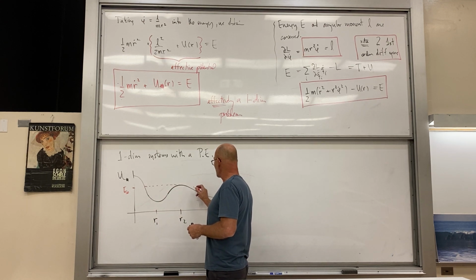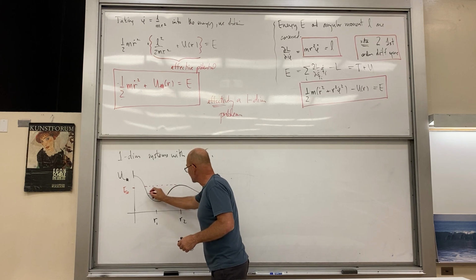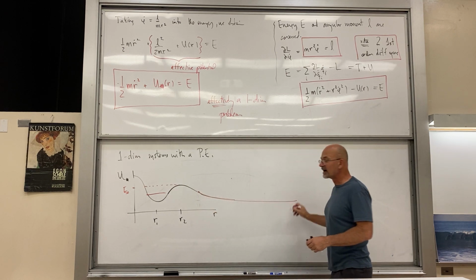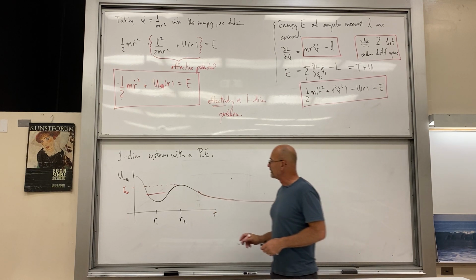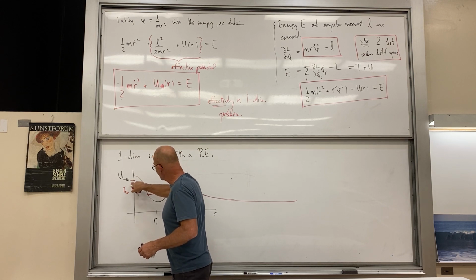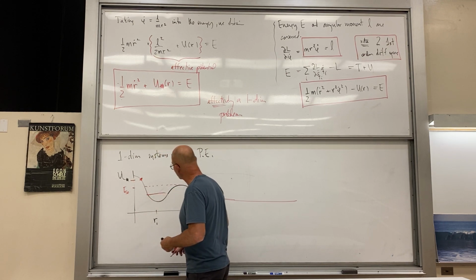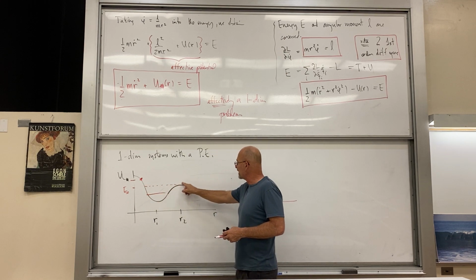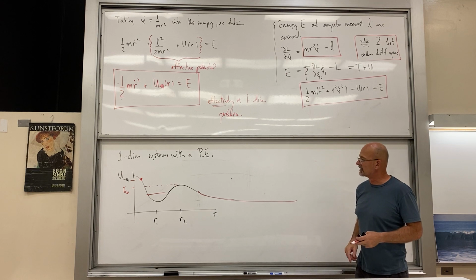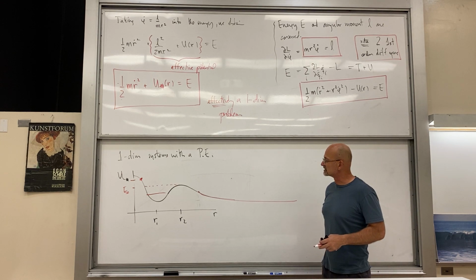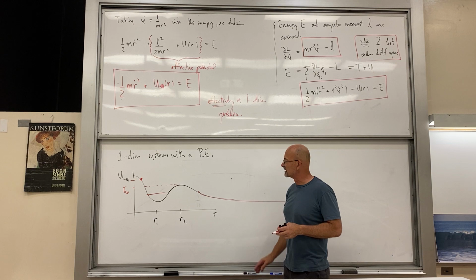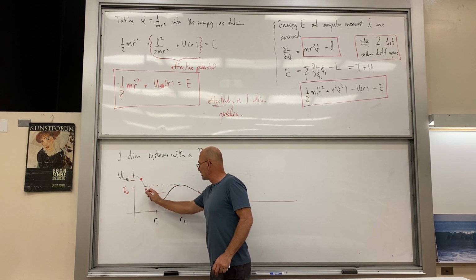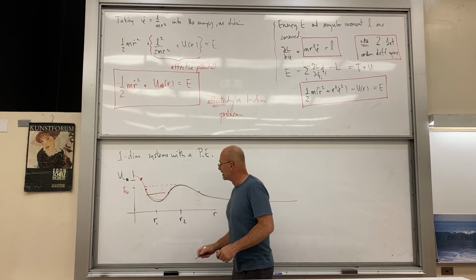Now, if you started out here, you'd have an unbounded motion because you'd be going out to infinity. If you had an energy at this high level here, I'll just put a star right there, you'd have a motion that goes down here and keeps going. So your intuitions with the roller coaster are just good for one-dimensional systems, right? If you have energy indicating that you started at this point, you're just going to go back and forth in here, and so forth.